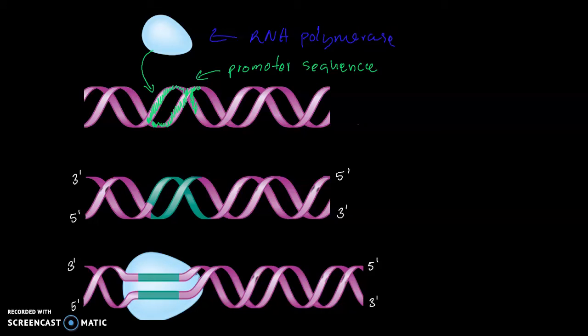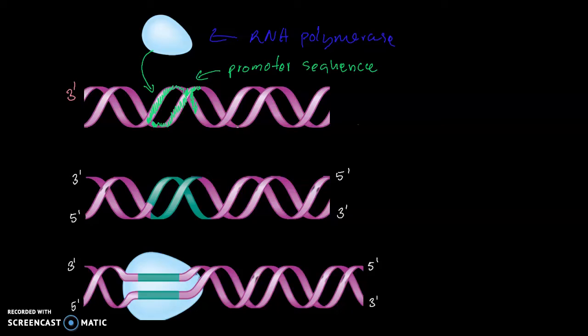Now, this part is very important. Obviously, we know that the DNA has 2 strands, and each strand has 2 ends, right? One end is the 3' end, and the other end is the 5' end. For this strand of DNA, let's say that we've got the 3' end on this side.